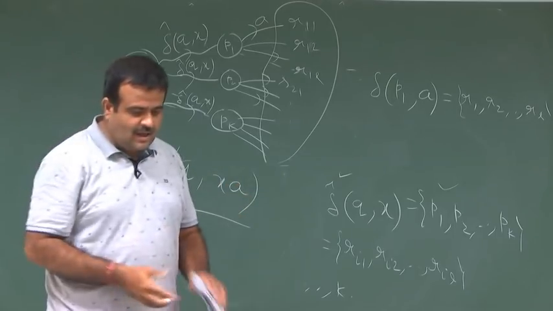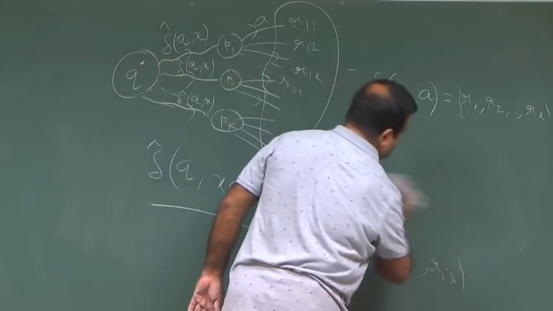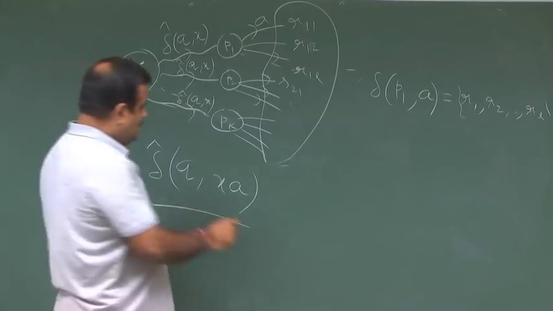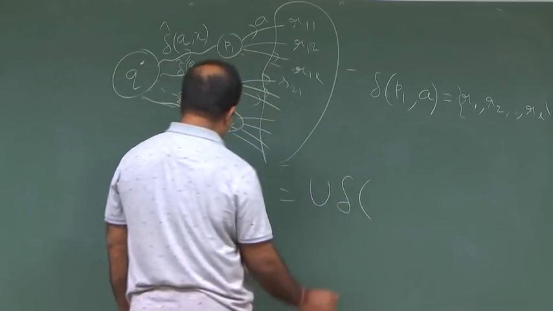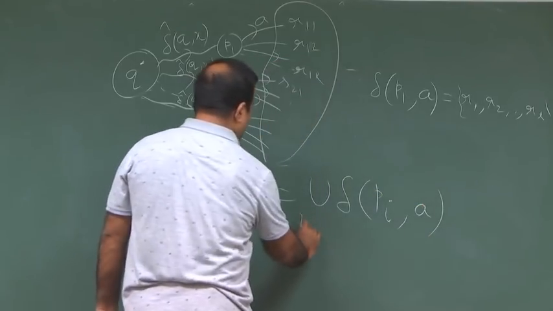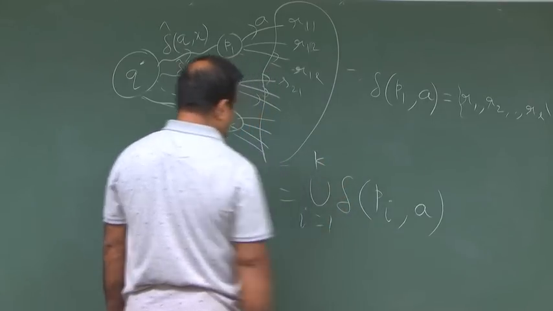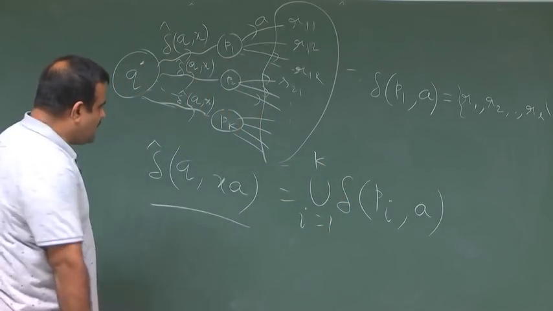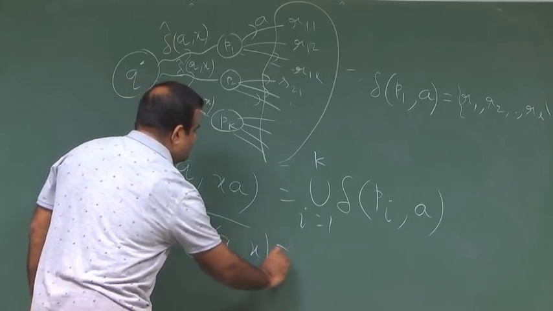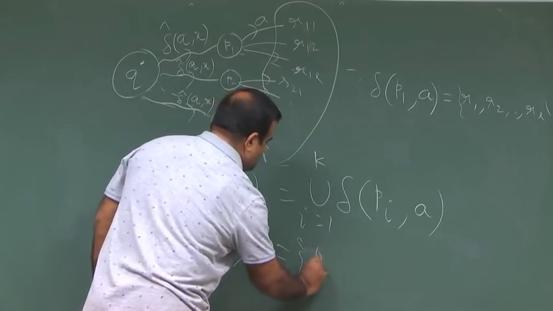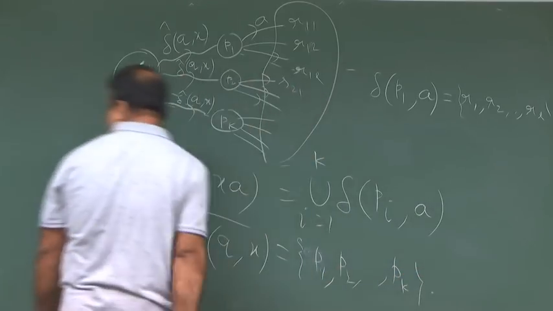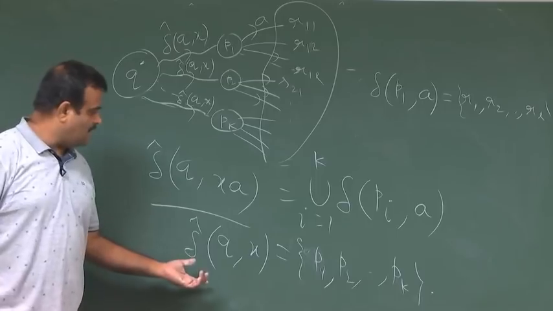So it is nothing but the union of delta of Pi comma a, where i is from 1 to k. And what is Pi? It is delta hat of q comma x, which is nothing but these Pi's: P1, P2, ..., Pk.